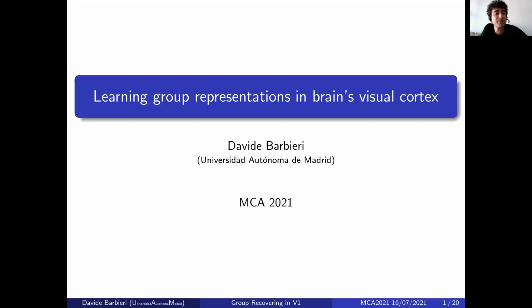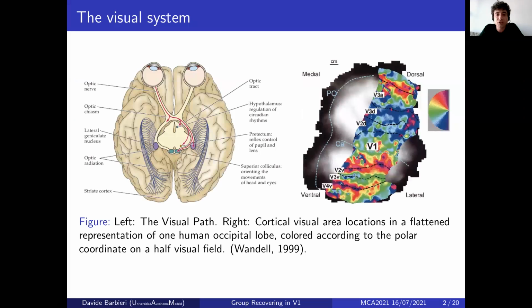It's my intention to give a very brief and sketchy introduction to the neurophysiology that is behind what I'm trying to talk about, and then go to the experimental results, which are basically experimental results on image processing.